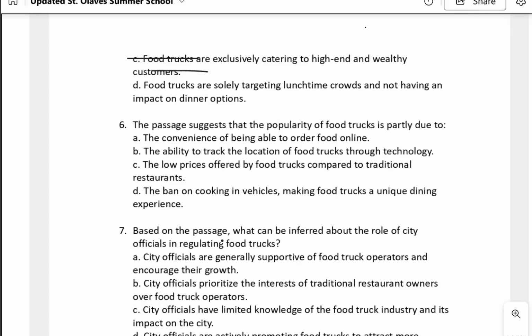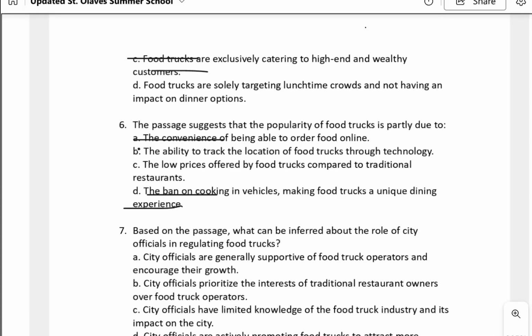So for question 6, the ban on cooking in vehicles is about city officials trying to prohibit food trucks, so that's not going to contribute to its popularity. And it doesn't really talk about being able to order food online.